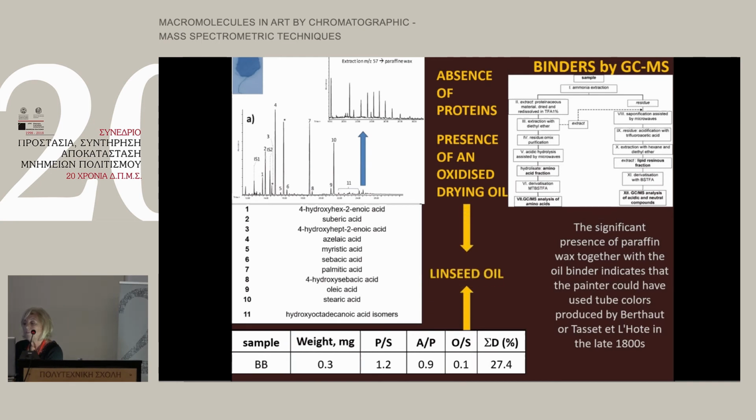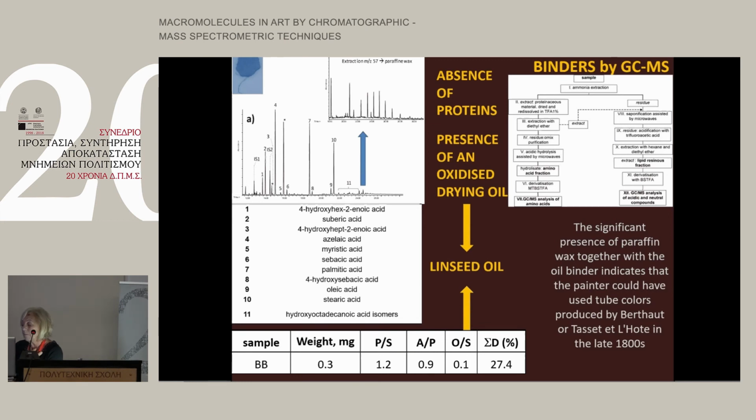And moreover, we found together with the binder the presence of paraffin, and we know from history that at the end of the 19th century, the tubes produced in France contained paraffin together with the linseed oil.